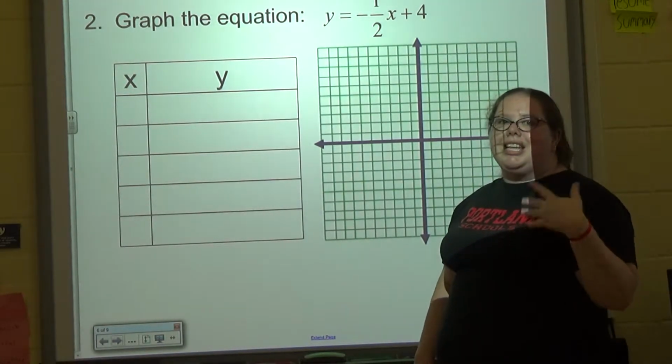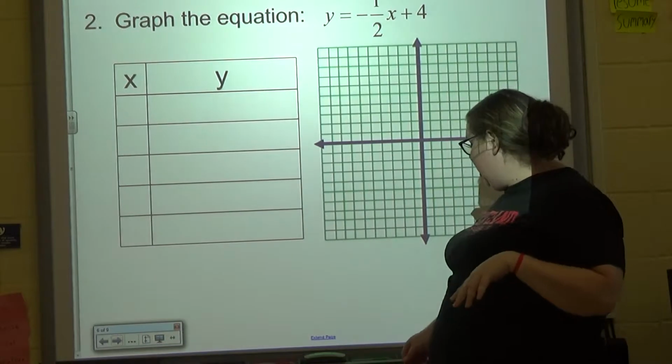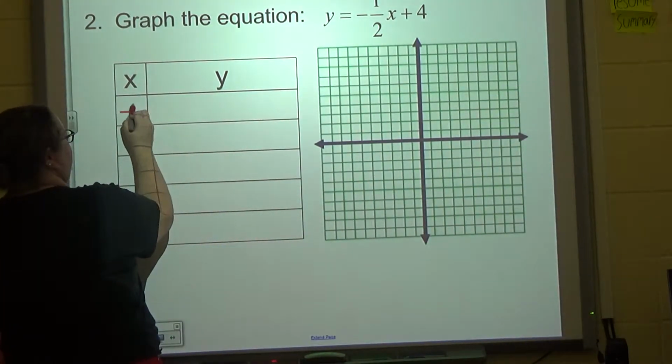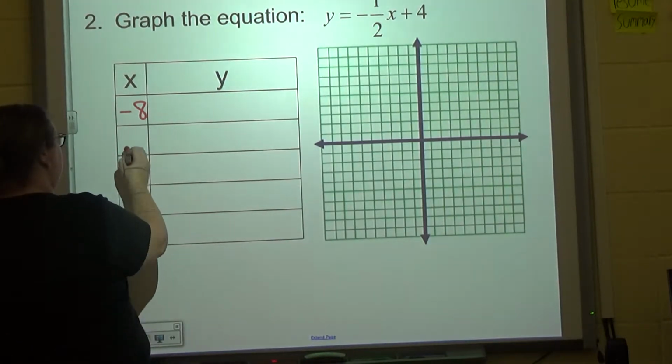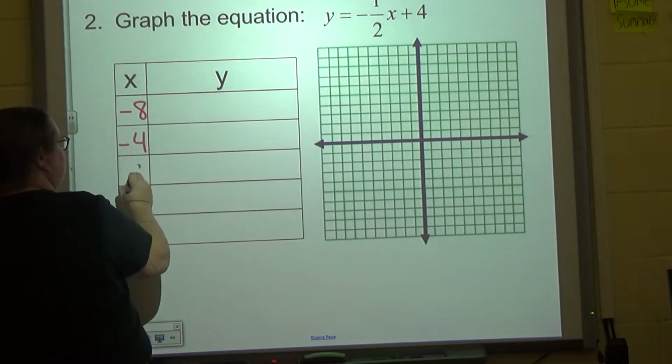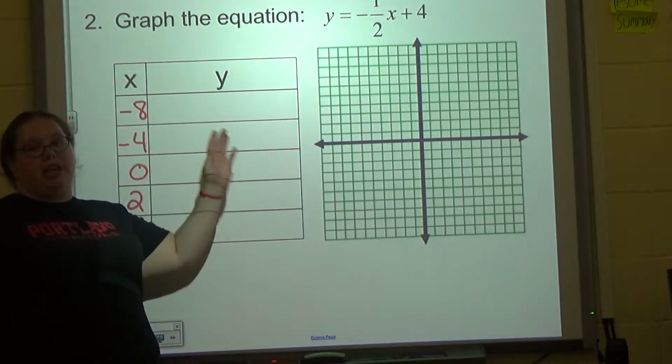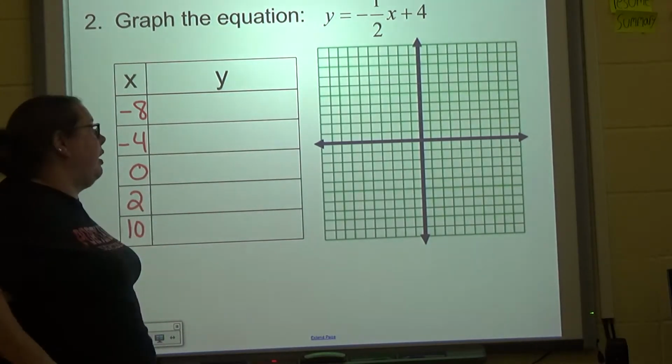So pick numbers that are nice. I'm going to pick things like negative 8, negative 4, 0, 2, picking numbers that will make my life easier.